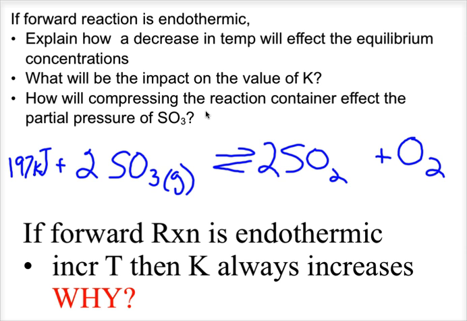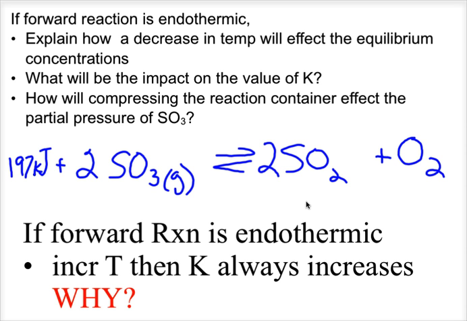Next question here, can you predict what will happen to the partial pressure of SO3, which is a reactant, when the system is compressed? You've got it. As you lower the volume by compressing the container, the system suddenly has an increase in pressure because of this decrease in volume.